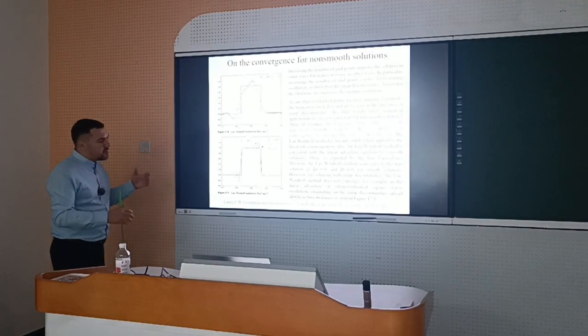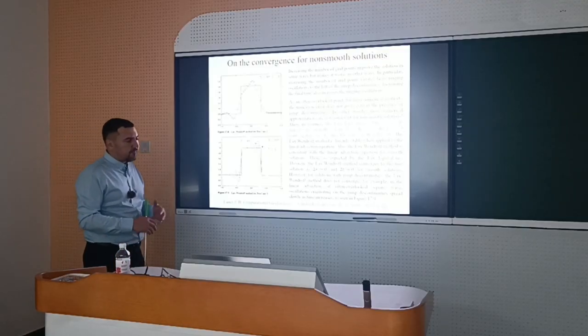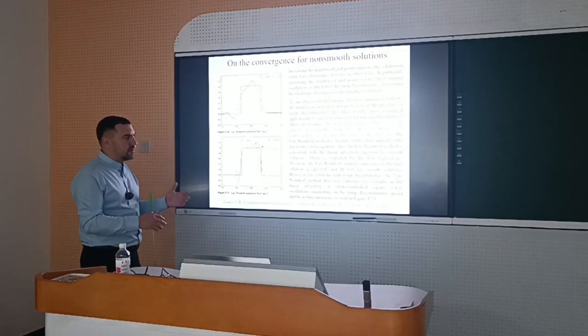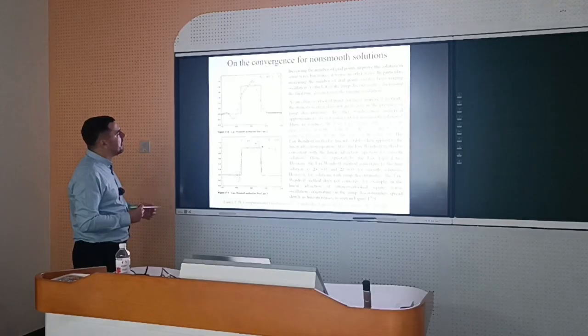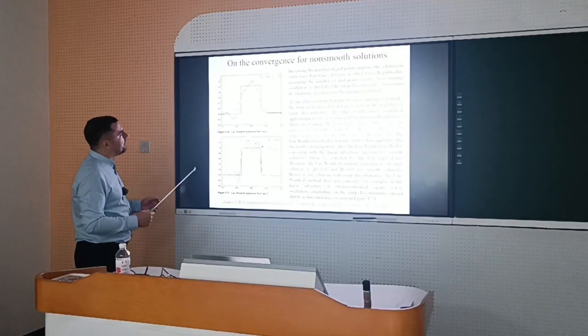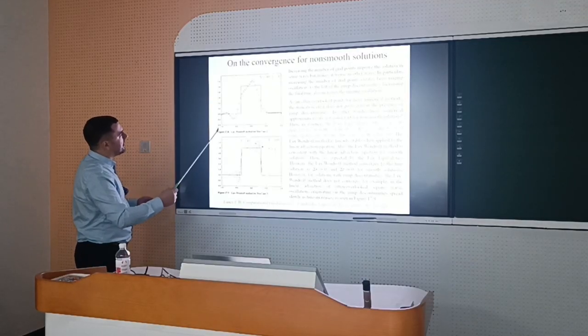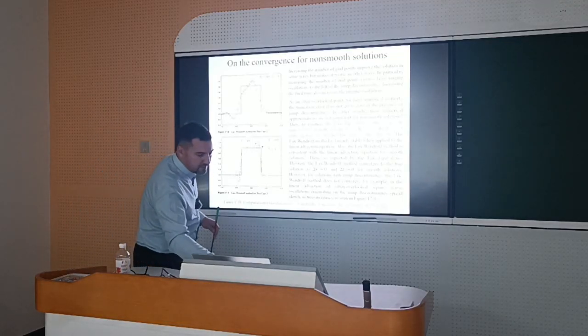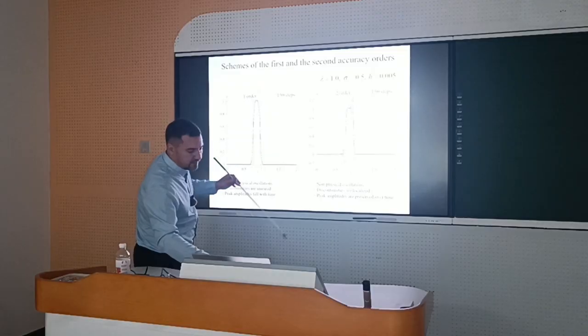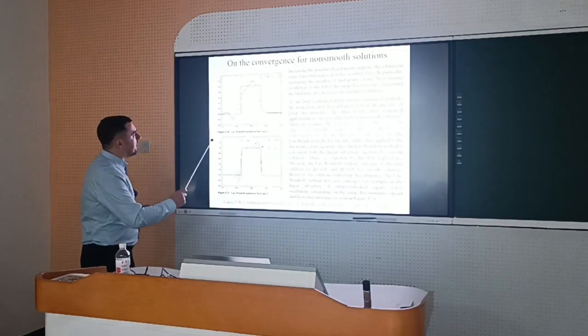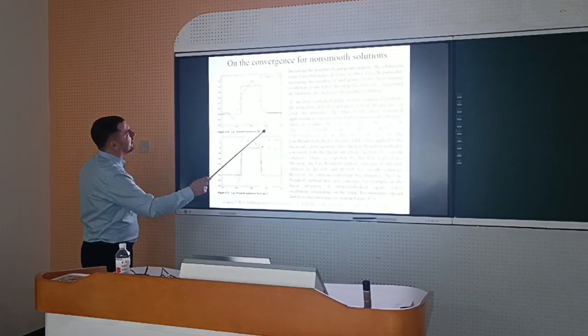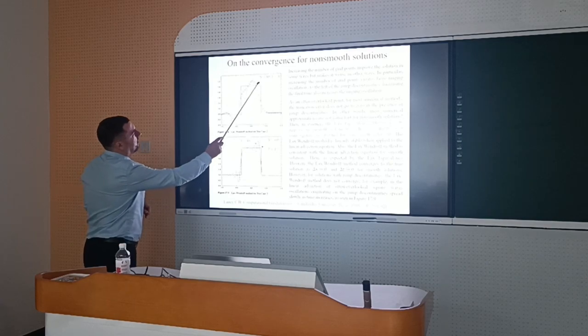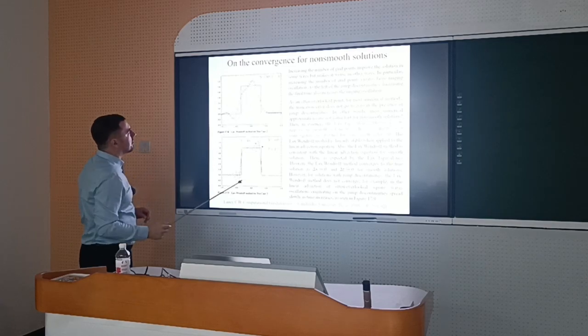There are a number of issues from a theoretical point of view. So he considered two test cases. It's just the Lax-Wendroff scheme, the same scheme as I have shown you previously. He considered a not very detailed computational grid with 40 nodes.